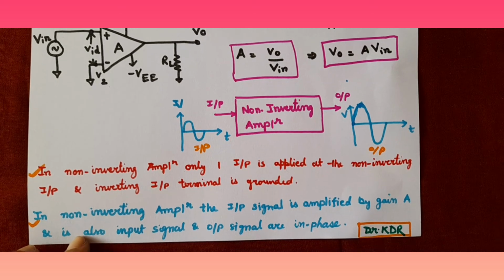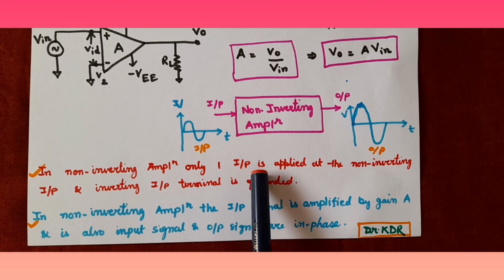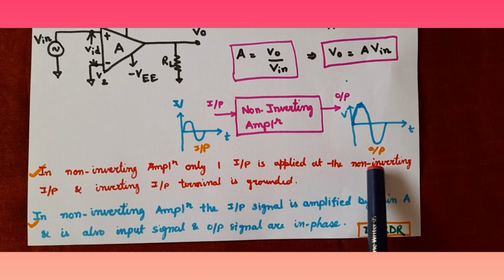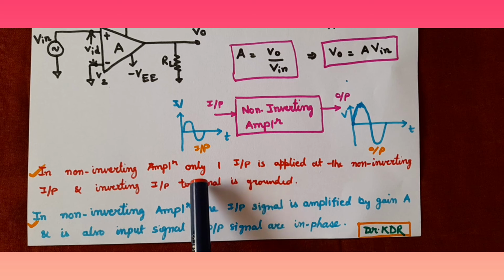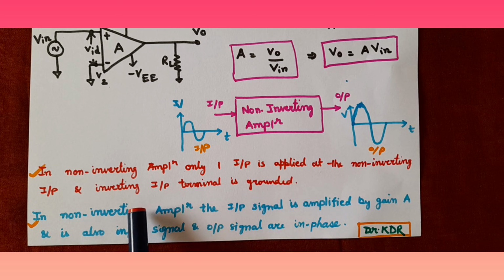In a non-inverting amplifier, only one input is applied at the non-inverting input and the inverting input terminal is grounded. In a non-inverting amplifier, the input signal is amplified by gain A and also the input signal and output signal are in phase.